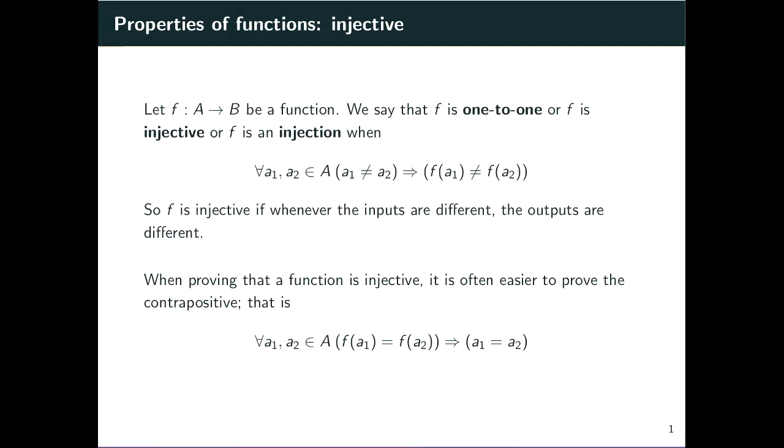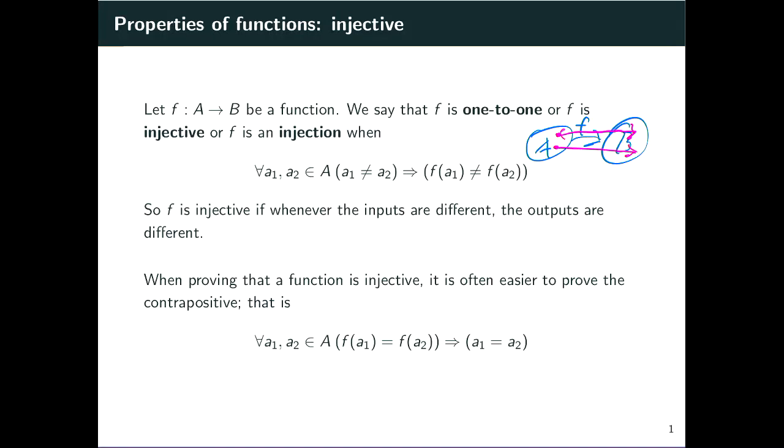So maybe an image to visualize this. If you've got A here and B here, the function f is mapping here, and then particular elements. If it's an injection, then if they're different elements, they're going to get mapped to different places in B.